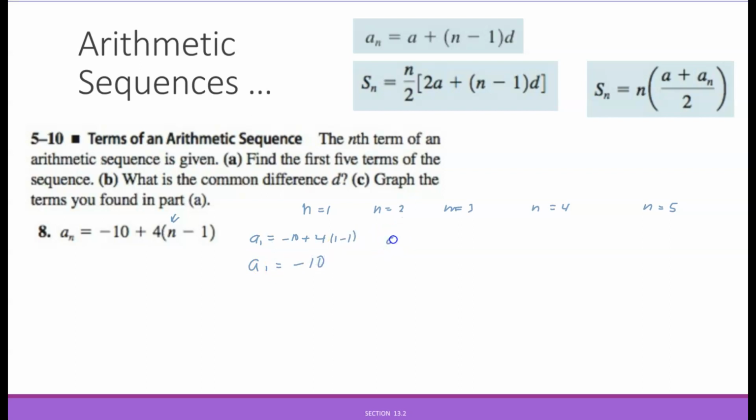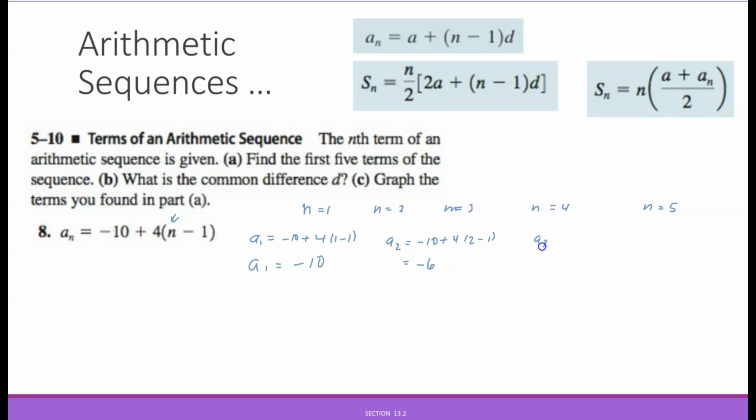If n is 2, the second term, we have negative 10 plus 4 times 2 minus 1. So that's going to give us negative 10 plus 4, since this turns out to be 1. Negative 10 plus 4 is going to give us a negative 6.